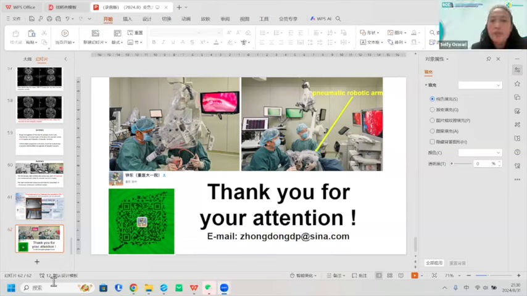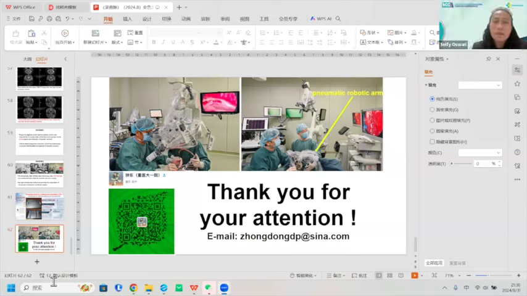Maybe the variable endoscope versus the flexible endoscope, Professor. With the soft flexible endoscope, the surgeon must use two hands to work the endoscope. But with the rigid variable view endoscope, we can use the endoscope holder, which frees our two hands to do the surgery.